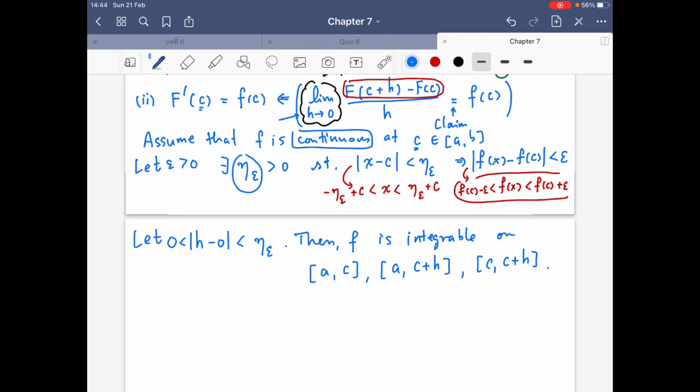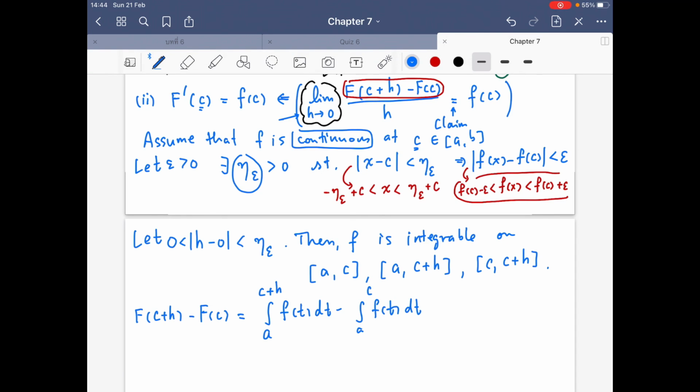Okay, so let us calculate this one first. The numerator, F at c plus h minus F at c, is actually the integration from a to c plus h of small f, minus from a to c of small f.